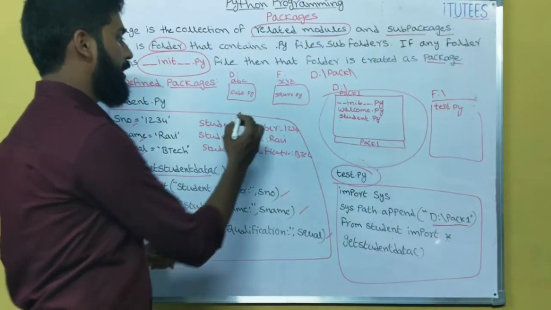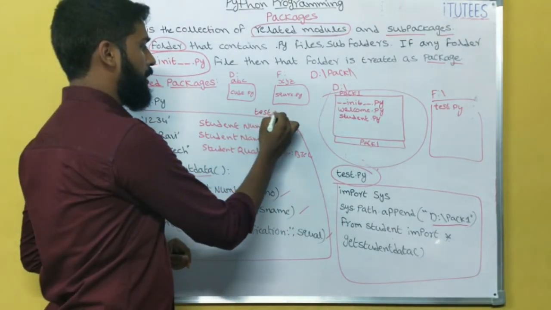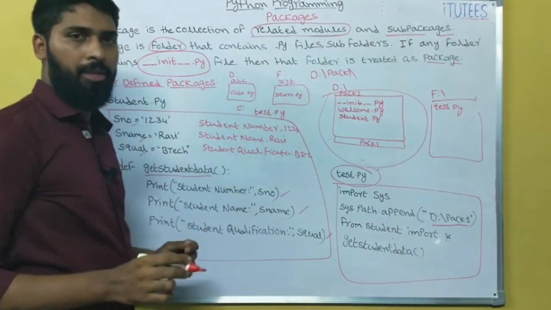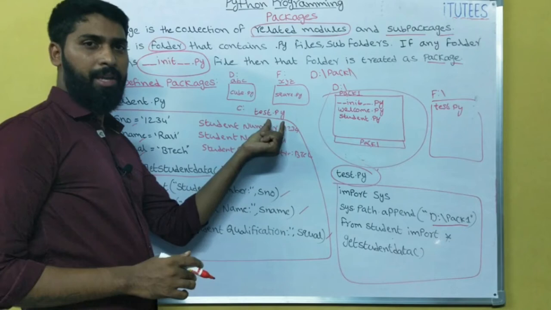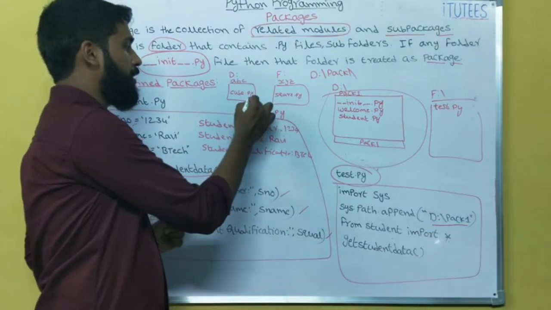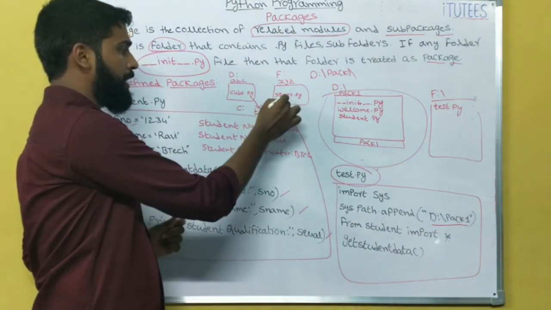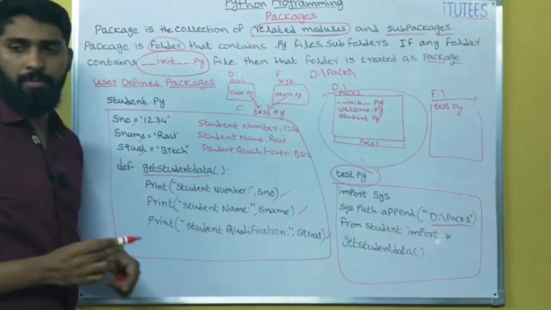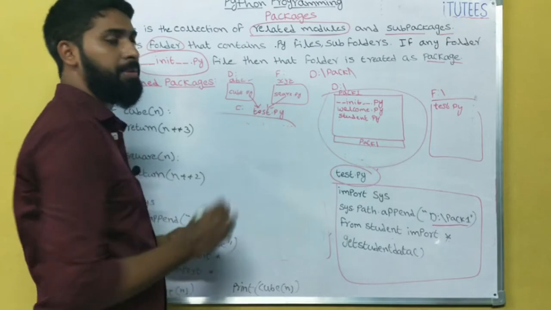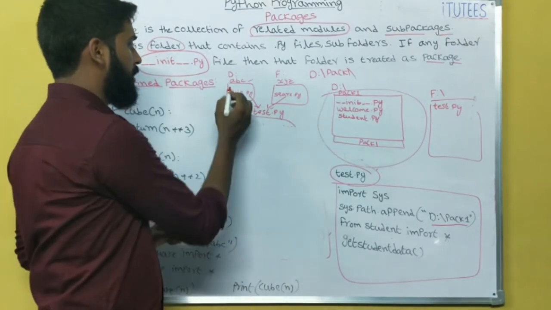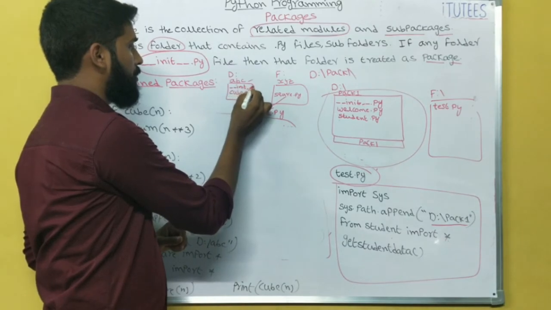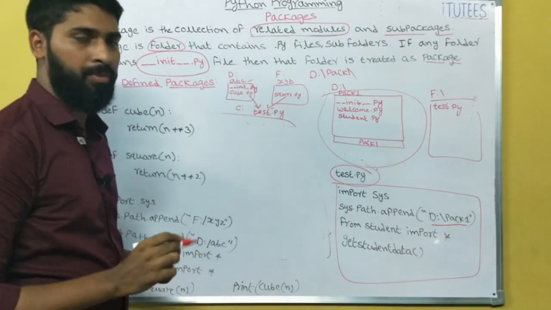Okay, and I create test.py on the desktop. For example, that is in C drive. In this test.py, I am going to import cube.py and square.py. How? We can see that. To define ABC as a package, we create one folder with __init__.py.